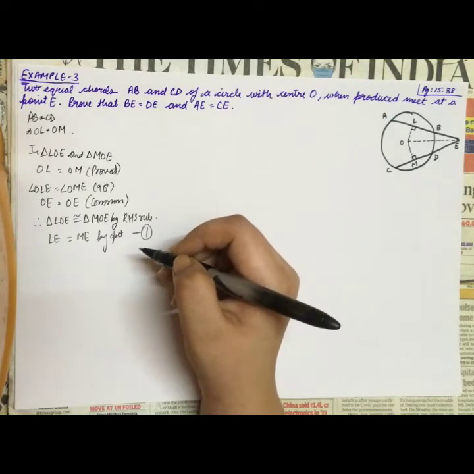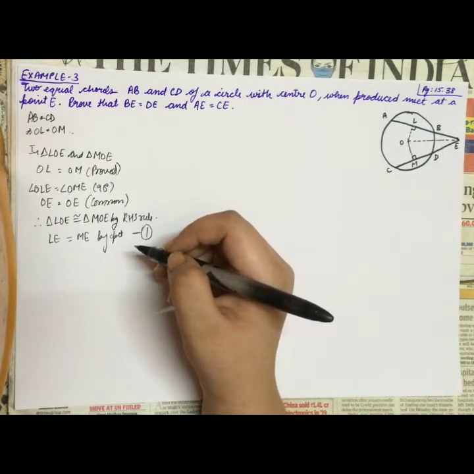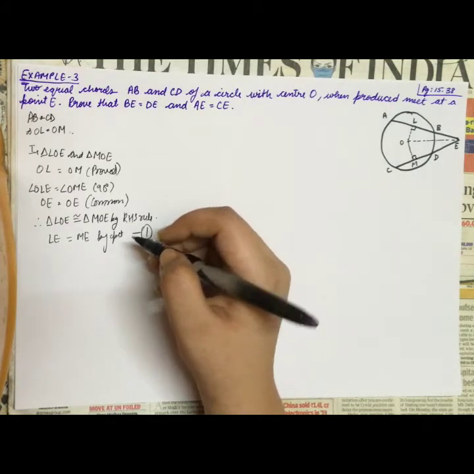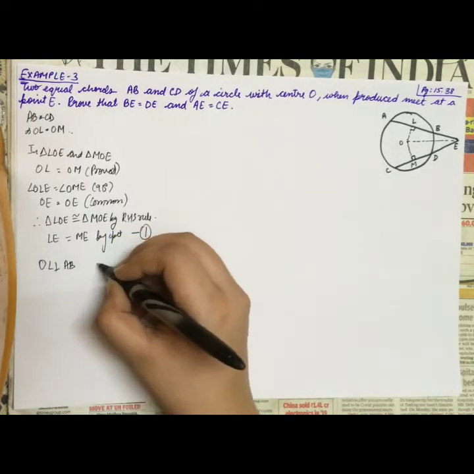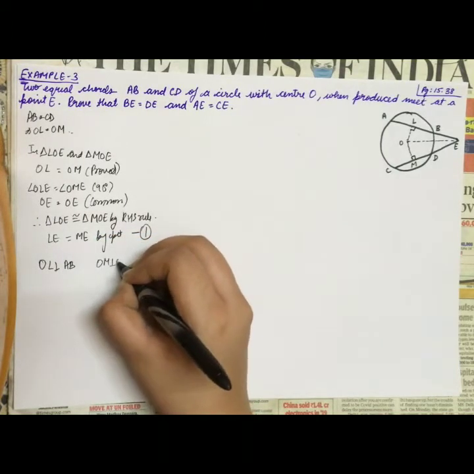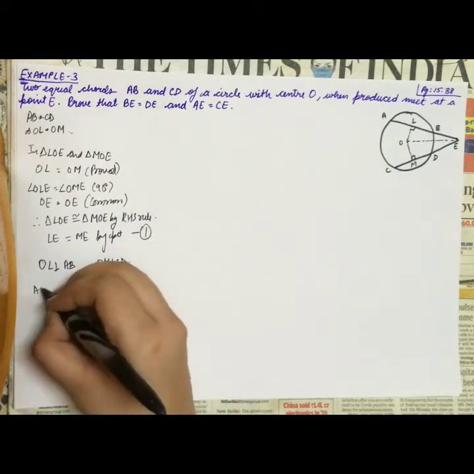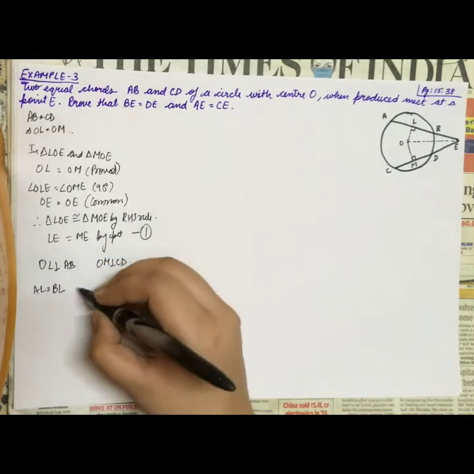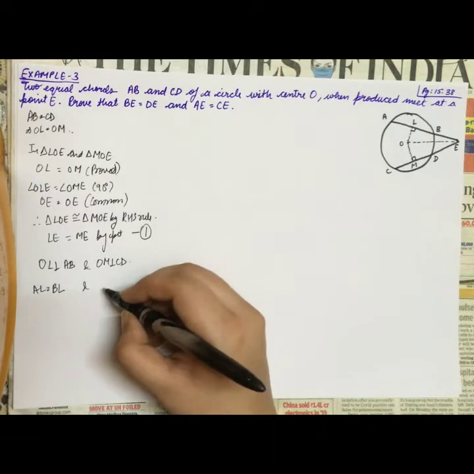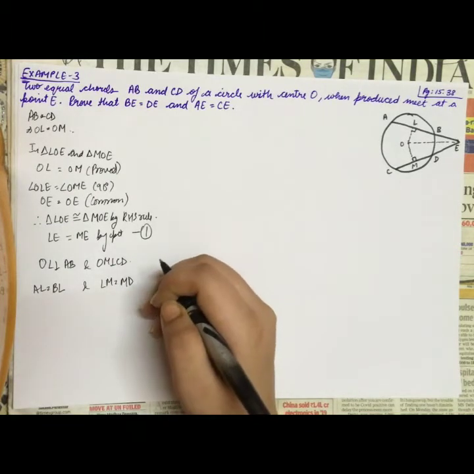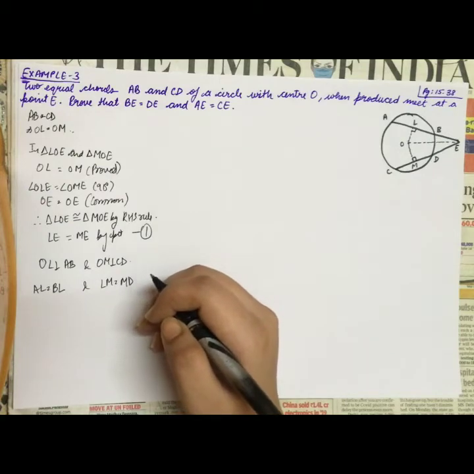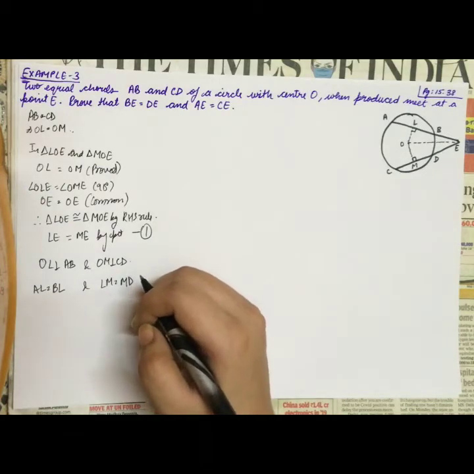Now since OL is perpendicular to AB and OM is perpendicular to CD, we can say that AL is equal to BL and CM is equal to MD. Why? Because the perpendicular from the center bisects the chord, and it is given that AB is equal to CD.